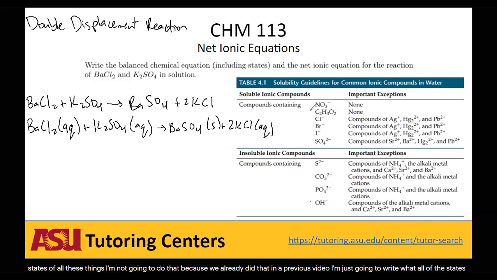aqueous. So essentially, if your compound is soluble, you would write AQ, which means aqueous, or aqueous. I've heard it called both ways. Essentially this means that it can dissolve. It is ionic in nature, where it'll dissociate into ions, okay?